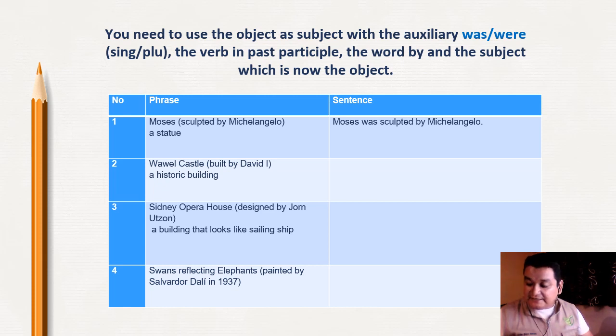Swans Reflecting Elephants was painted by Salvador Dali in 1937. Okay? Well, this is your first activity. I hope you listened, or you can play the video again. Next activity.